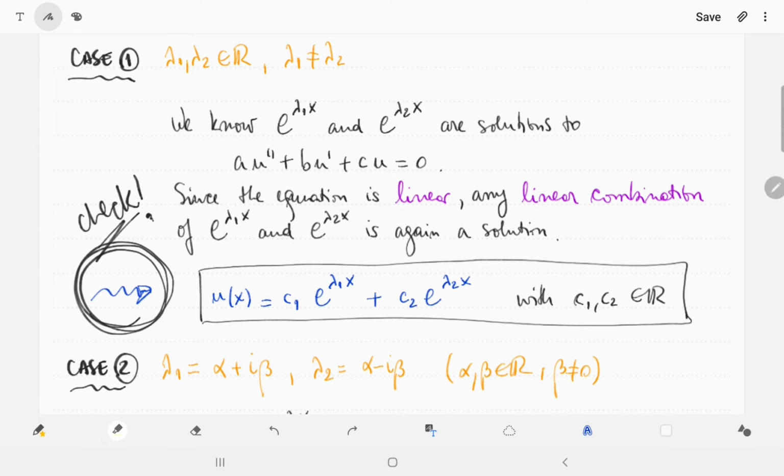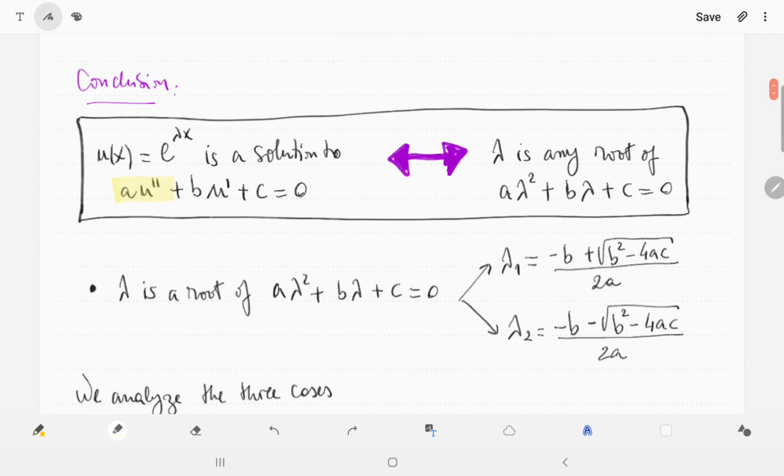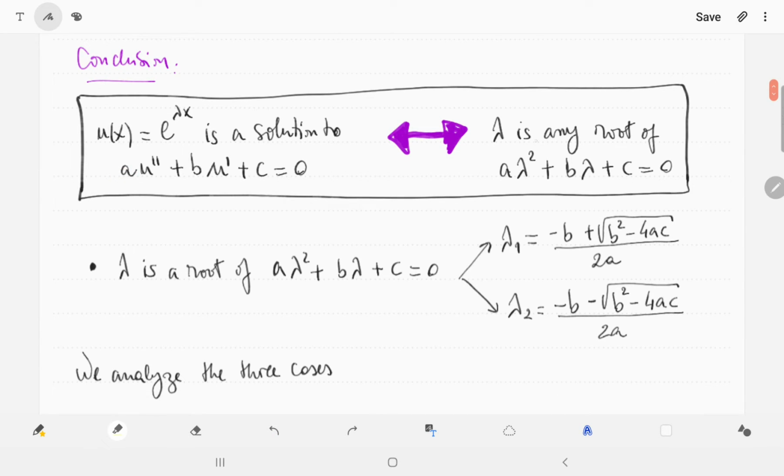If you know that you are working with a second order linear homogeneous ODE with constant coefficients, this part is important, that these are numbers, then you can use this method, which is the characteristic equation method.